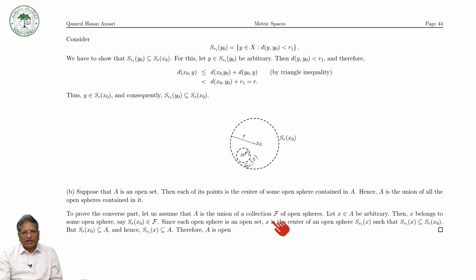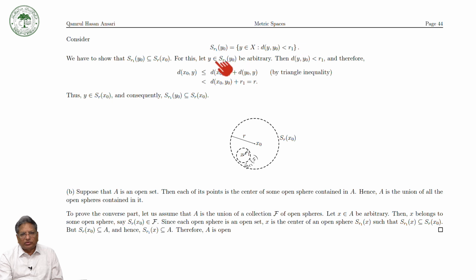And then consider the open ball with center at y0 and radius r1. We will show that this open ball is a subset of S_r(x0). So for that, let us take a point y in this ball, and we will prove that this y lies in S_r(x0).